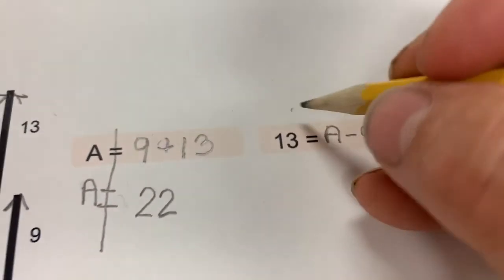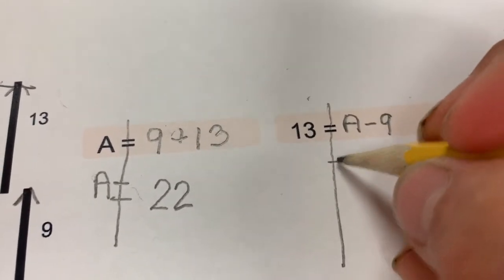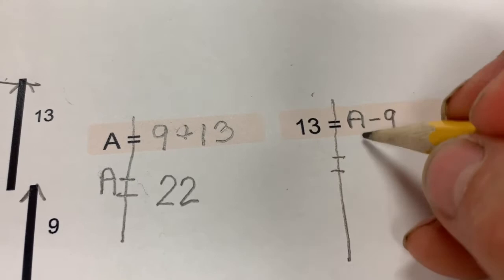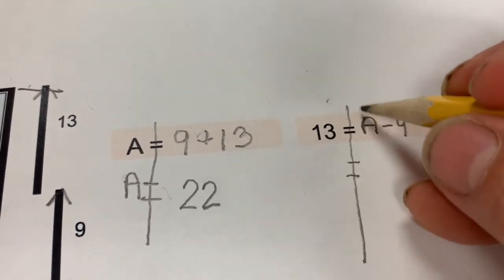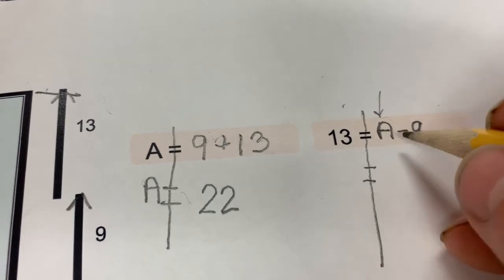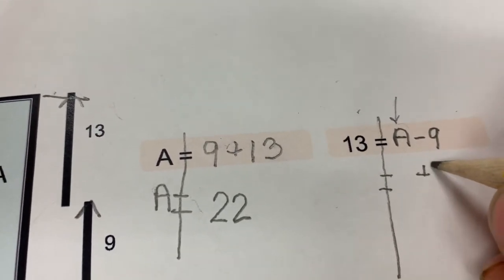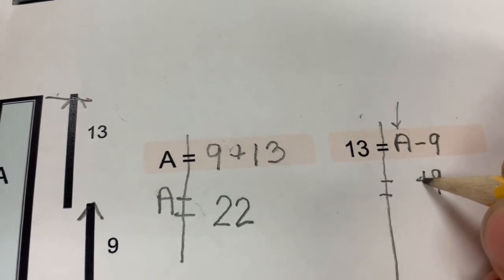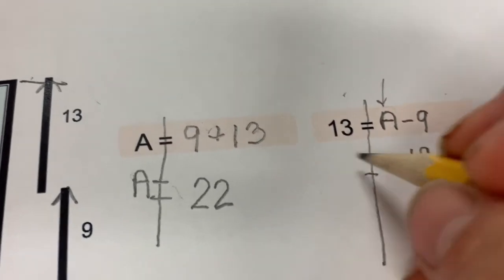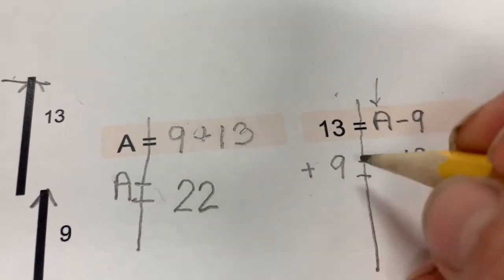Draw on your mirror line to keep things organized. Make sure you're doing the same thing. I want to get all the stuff. That's the focus of the problem. So to do it, A is having 9 taken away. Let's put it back. When I do, I'll get the whole value of A.